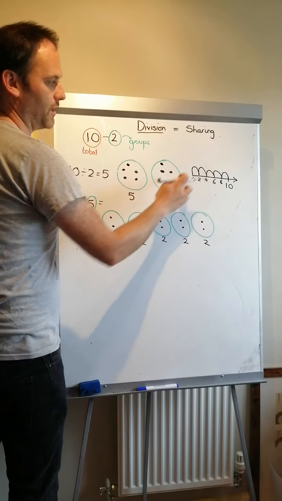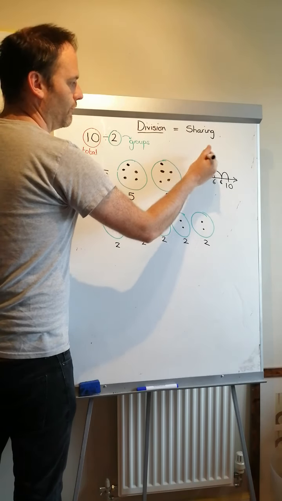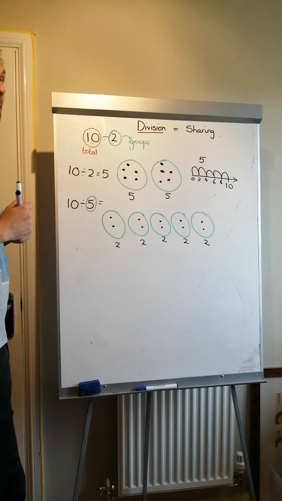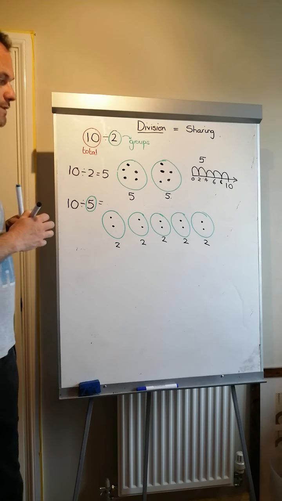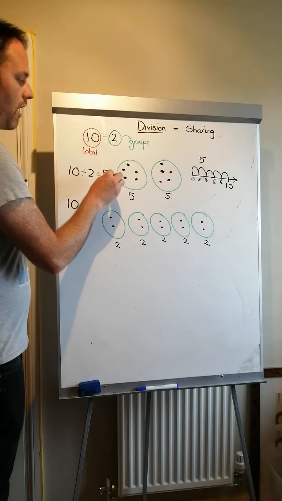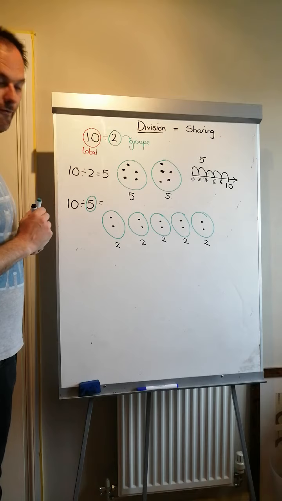And then you can count the jumps. 1, 2, 3, 4, 5. So you can do it, but it does mean you have to count backwards in 2s, 5s, 10s, 3s, which can get a little bit tricky. So I would stick with this for now.